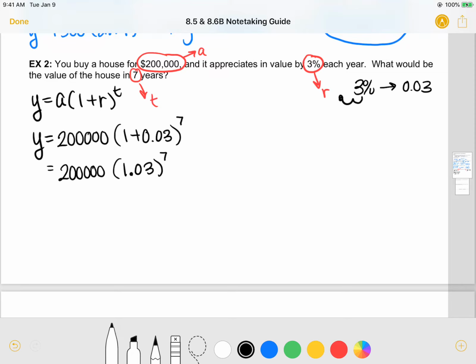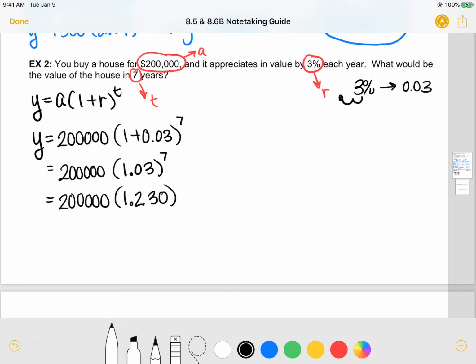And then now what we're going to do is take our calculator and take 1.03 and raise it to the 7th power. And what you should get there is 200,000 times the quantity 1.2, we'll just say 230, okay?